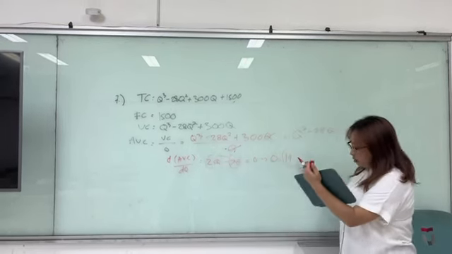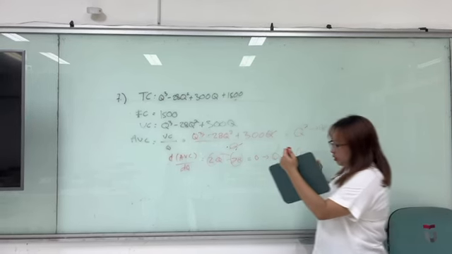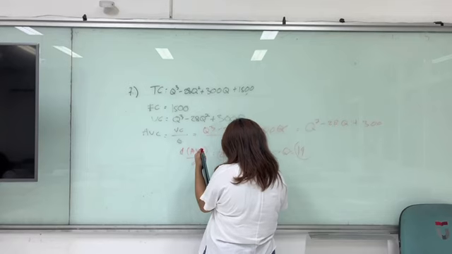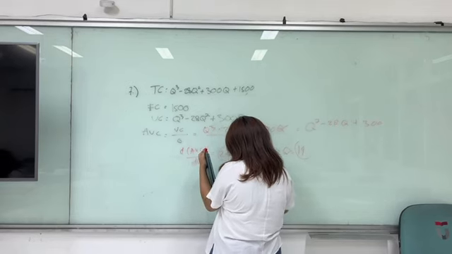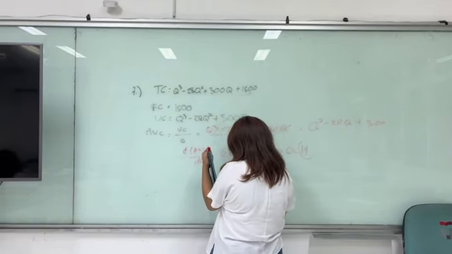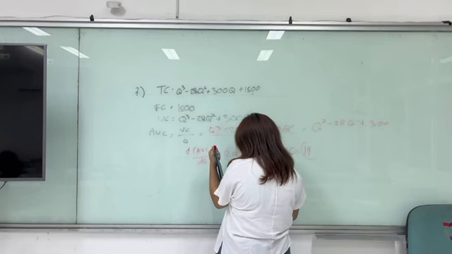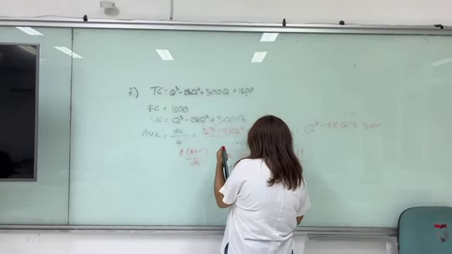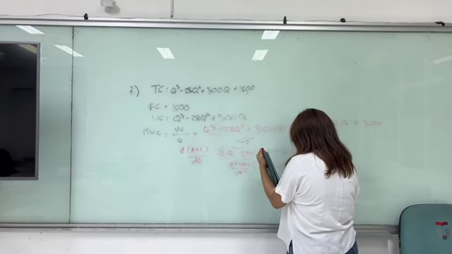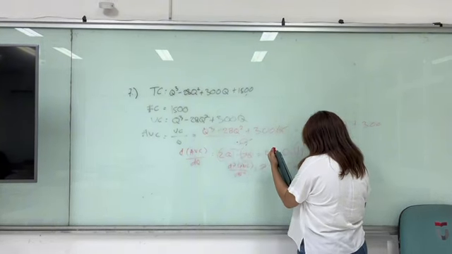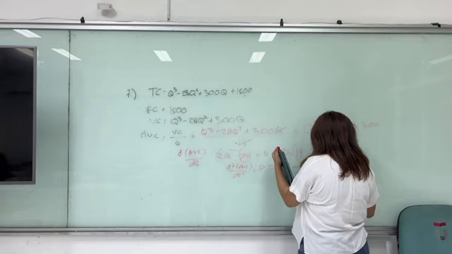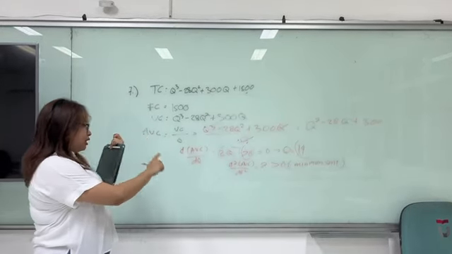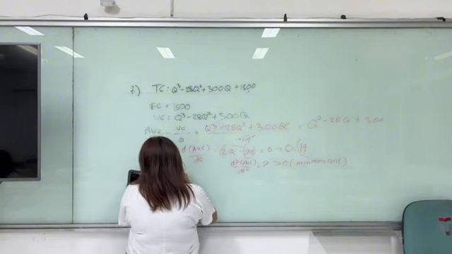So the second derivative of AVC is 2, which is more than 0, so it will be a minimum. So we have to calculate AVC at the Q.